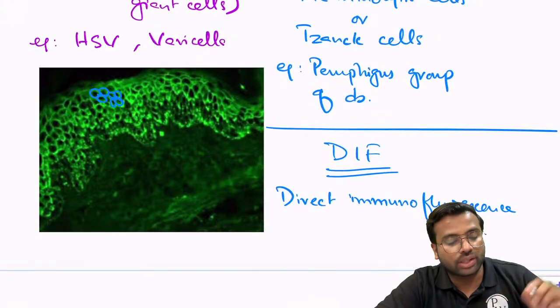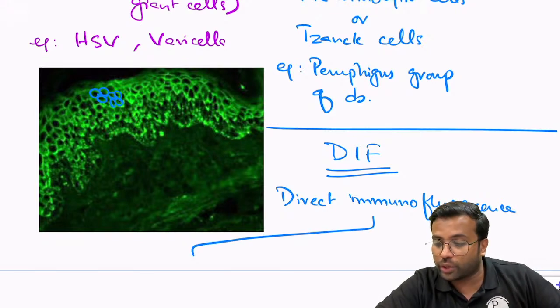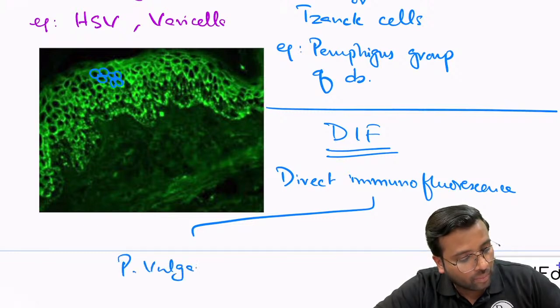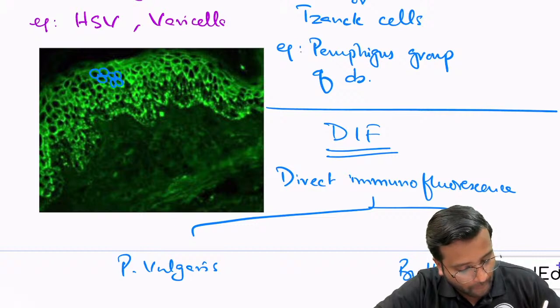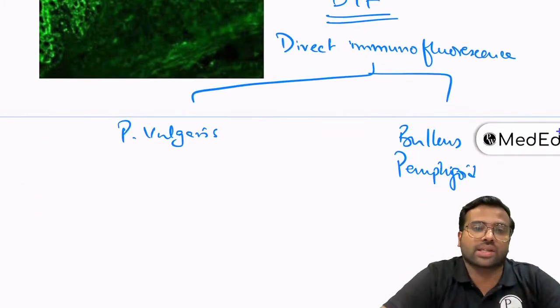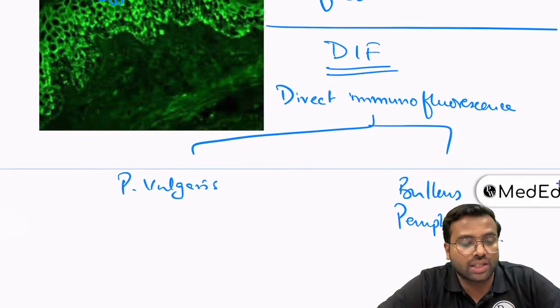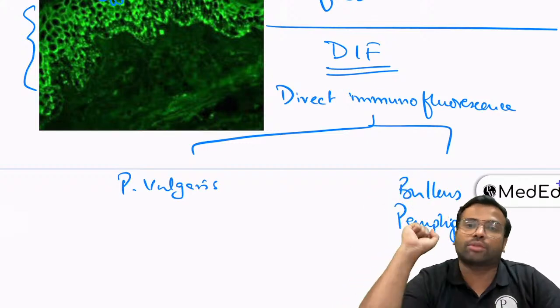Based on this investigation, we can differentiate whether this is going to be pemphigus vulgaris or bullous pemphigoid, and several other vesiculo-bullous diseases. What happens is whenever the etiology lies within the epidermis, the epidermis will take up the fluorescence.